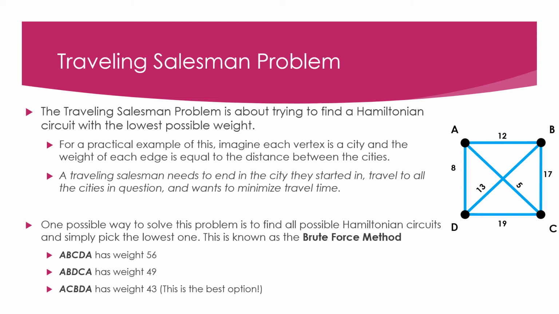And feel free to check. Again, you just have to add up the relevant edges and you should get a number, and you're either going to get 56, 49, or 43, depending on which Hamiltonian circuit you picked. There's only 3. You got the square, the bow tie, and the hourglass.